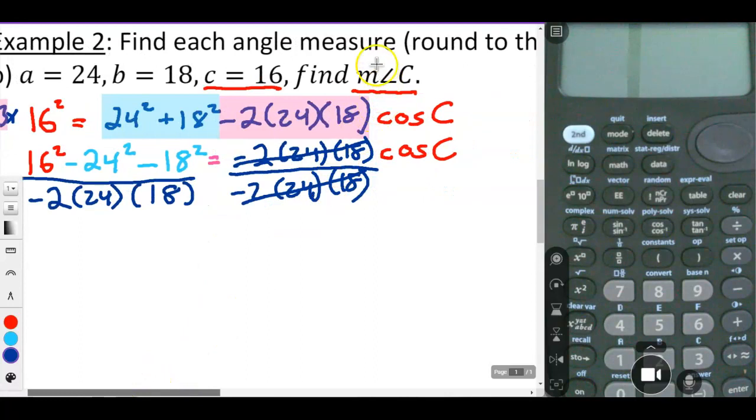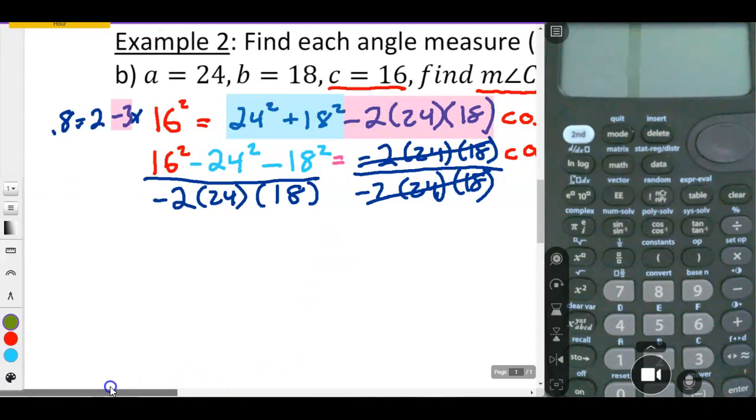So once again, since our answer is an angle, that's how you know you need to use the arc cosine. So what you really are doing is taking the arc cosine of both sides. You do that to both sides.